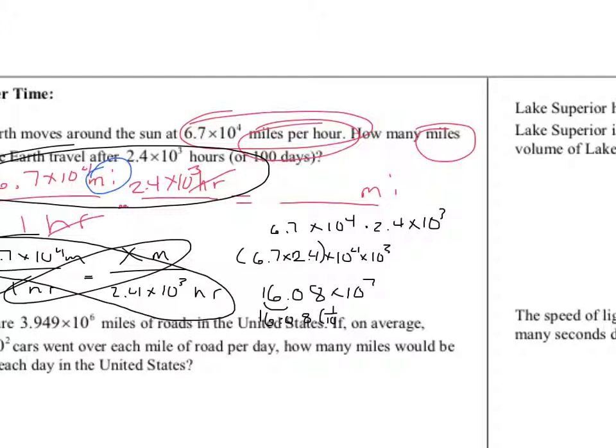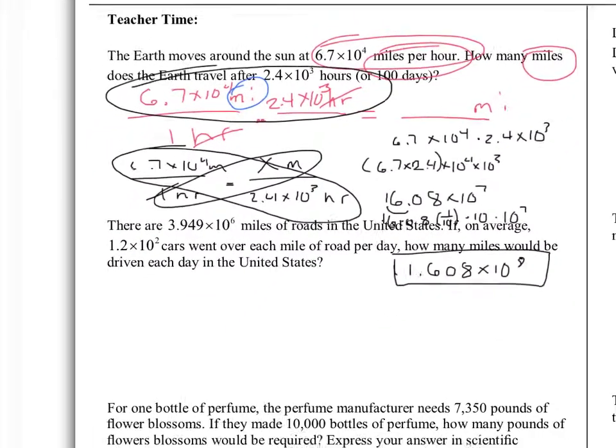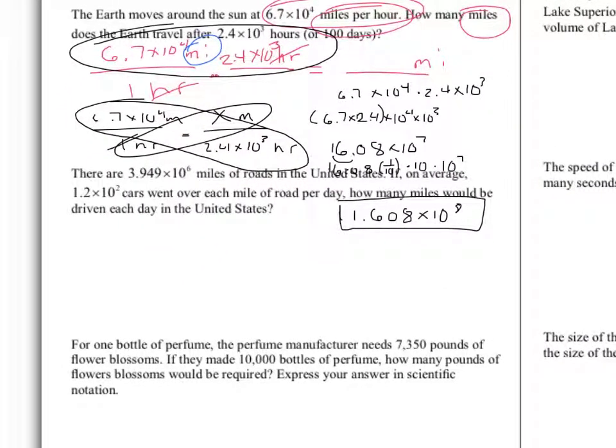And if I put that 1/10 in there, because it didn't borrow from somewhere, I need its balance. And we end up with 1.608 times 10 to the 8th power. You're welcome. Yes, I would get mad if you tried to tell me that you memorized the rule incorrectly again.